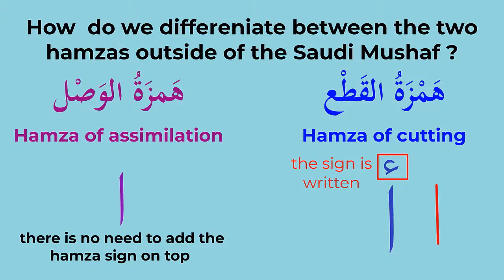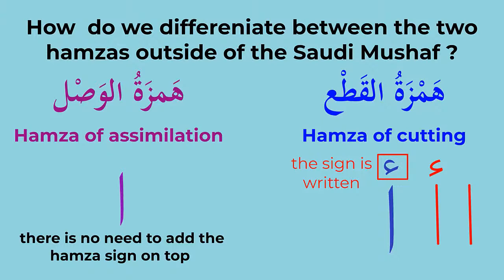My teacher always used to write Qata in red ink on it, to tell me that this is Hamzatul Qata, you must put the neck of Ain on it to differentiate. If you only wrote it without that, then this is technically incorrect.